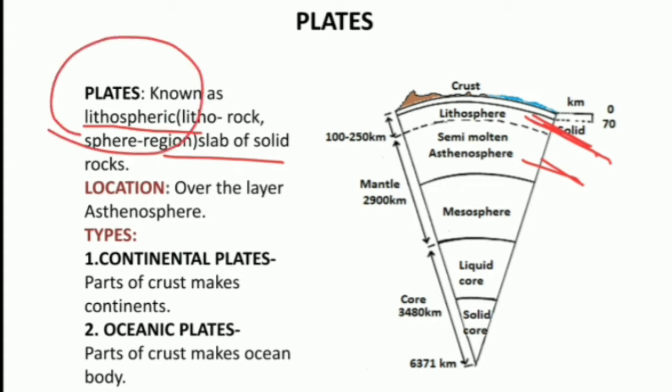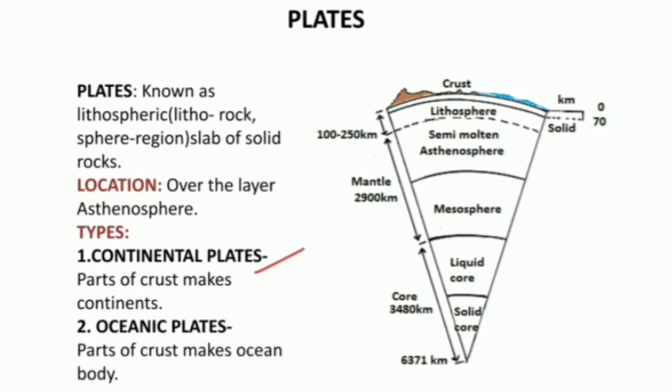So what is the location of those plates? Over the layer asthenosphere. Now we have two important plates. First, continental plates. Second, oceanic plates. Continental plates means the plates which are mainly responsible for the formation of different kinds of continents.